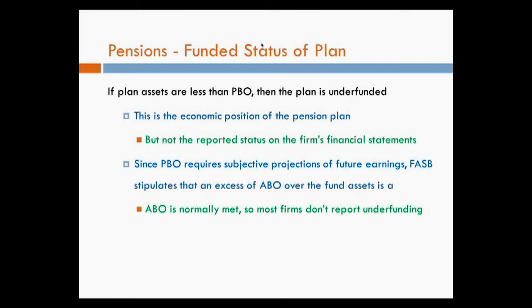But because the PBO requires all of these actuarial assumptions, GAAP or FASB does not require companies to use the PBO as the basis for what they report. It requires the ABO, because it doesn't require those actuarial assumptions. But the ABO understates what their liability is going to be, by definition. So a company will look like they're well funded vis-a-vis the ABO, what's reported, when in fact they're underfunded. So you really can't see the funding.